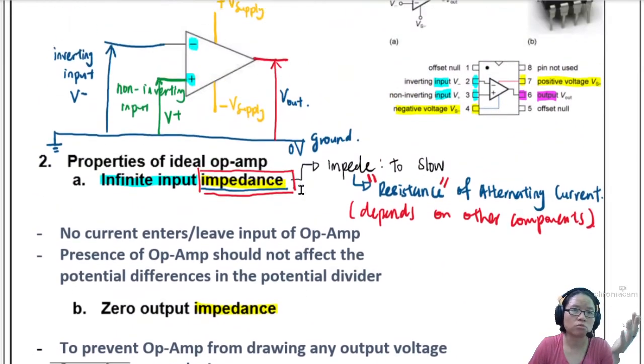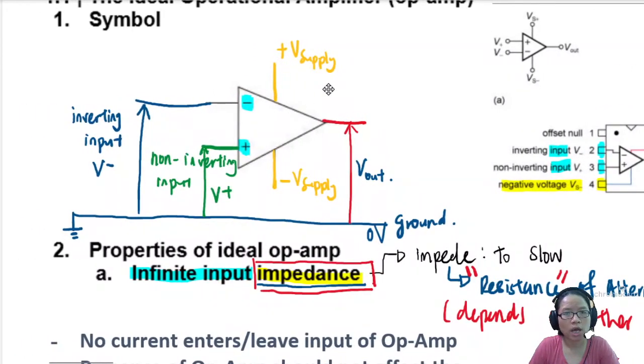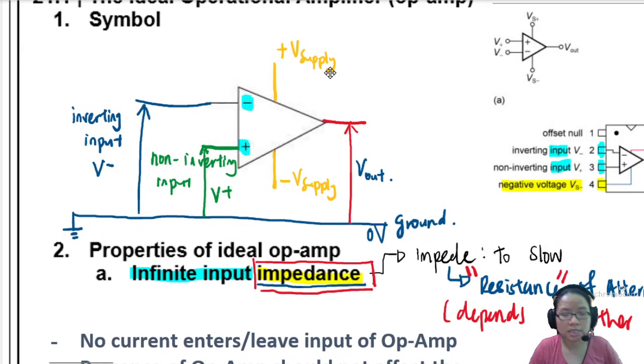Let us revisit our drawing of this op-amp again. Now, I say that this supply is supposed to give energy for the op-amp to work. So the op-amp is going to pull the energy from the supply to create the output. Very much like your laptop is pulling energy from your plug point to give you this bright, beautiful screen. The brightness of the screen cannot exceed the power that can be supplied by your plug point.